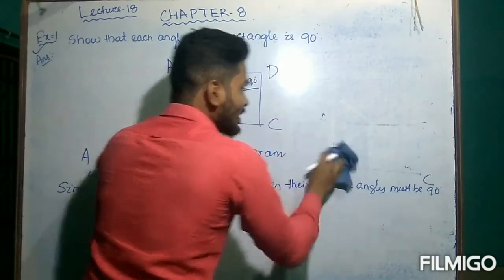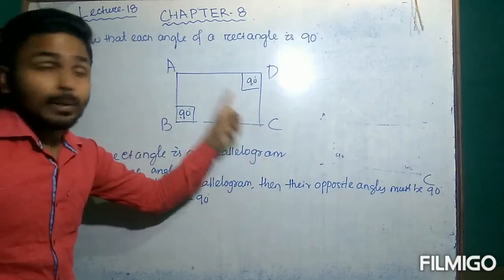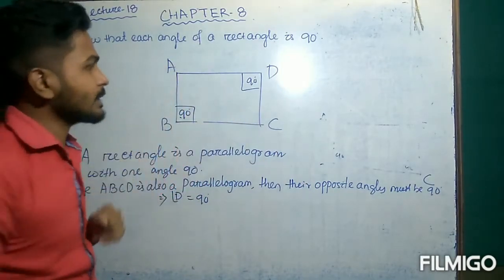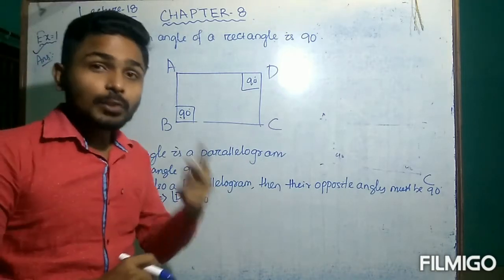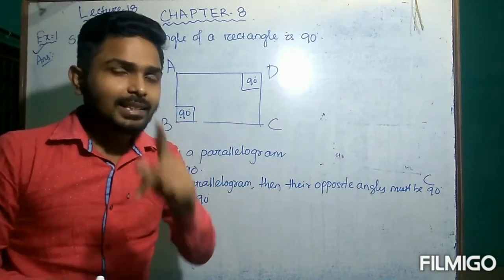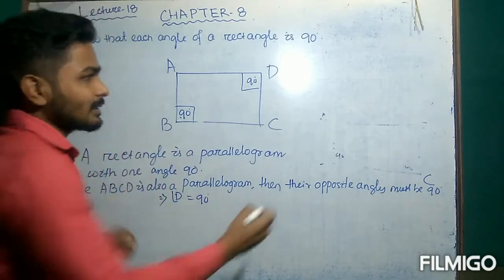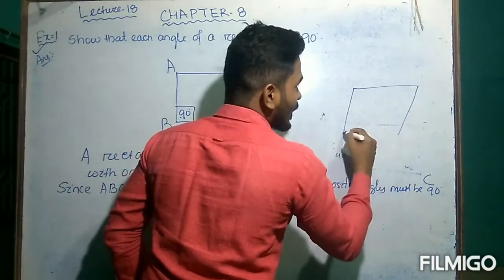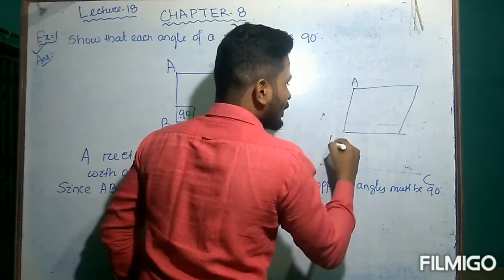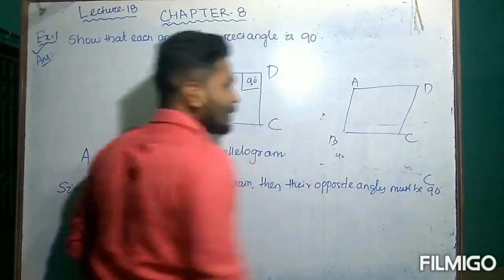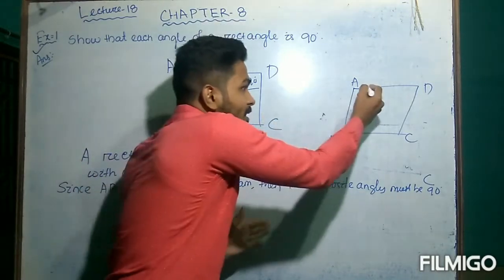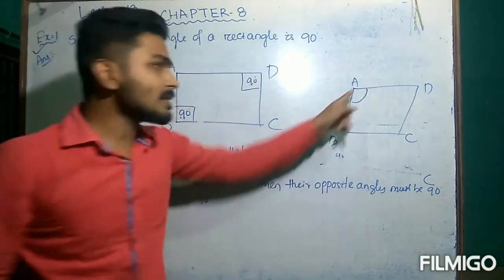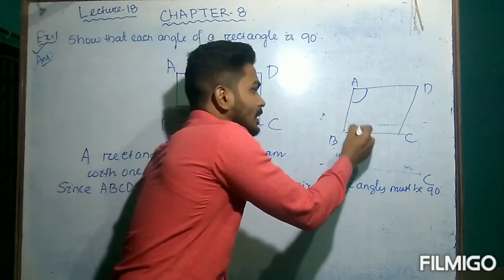Now we have the rest of the two angles, angle A and angle C. We have to find their values. How? Let's see. In case of a parallelogram we know the sum of consecutive angles is 180 degree. Consecutive means the angles that lie nearest to another angle. Suppose we consider this angle, then its consecutive angle is this angle.